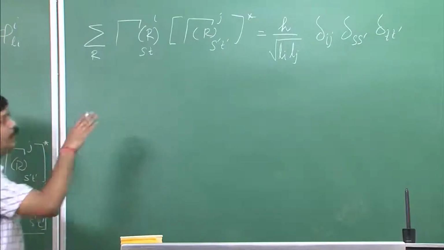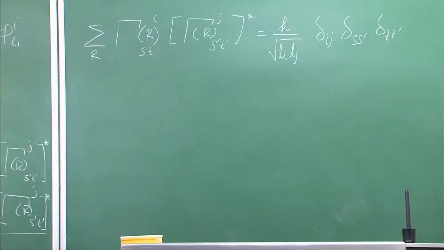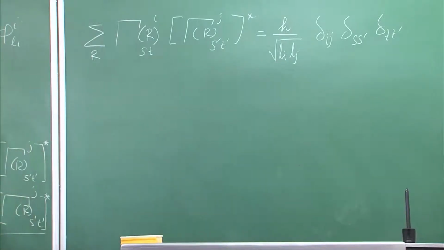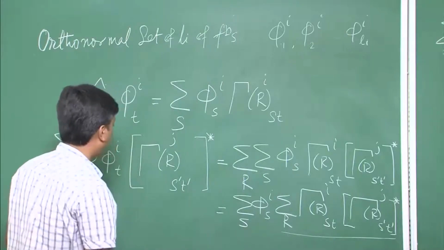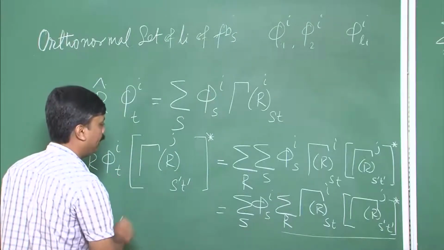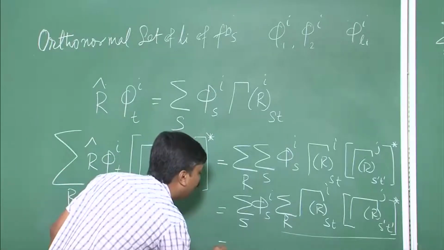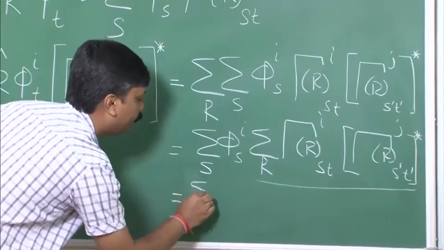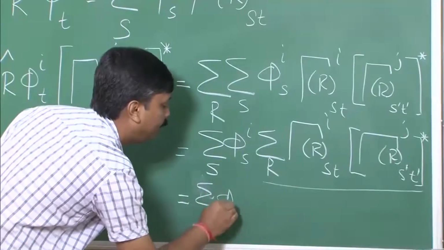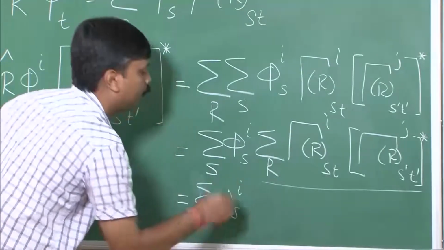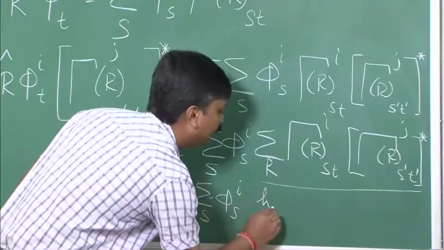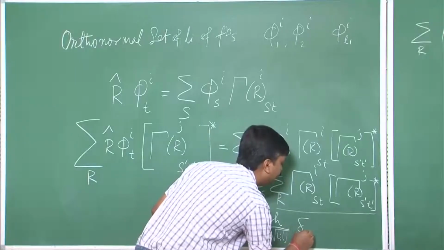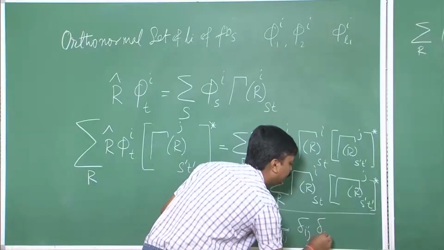Now, what does that tell me? It tells me that I can replace this one over here. This part will remain as it is, and I can write here summation over S phi s for the ith irreducible representation and h by root over Li Lj, and then three delta functions.